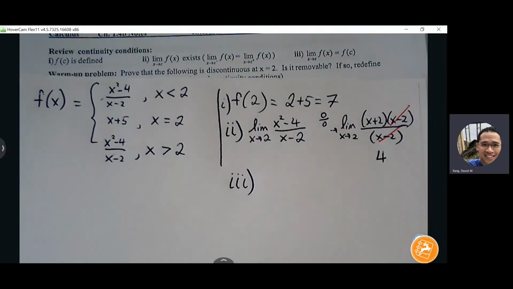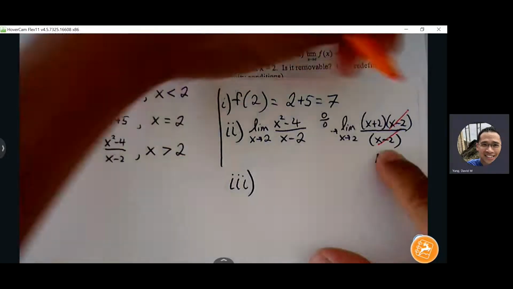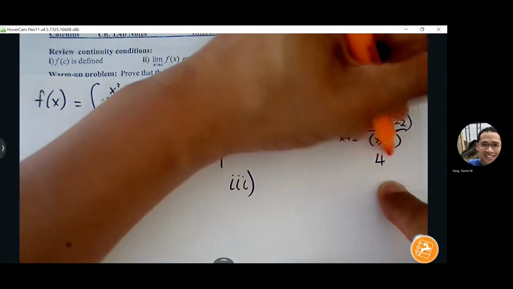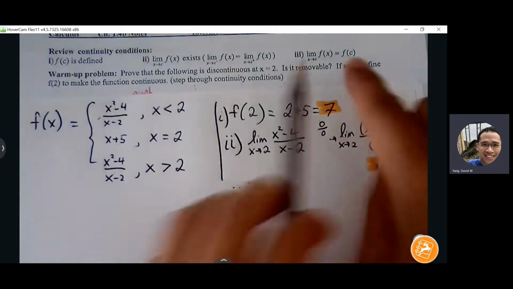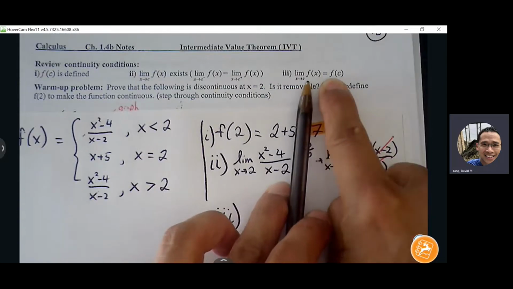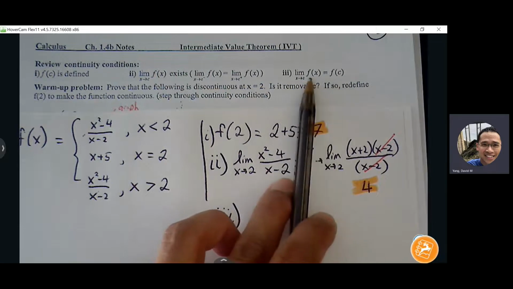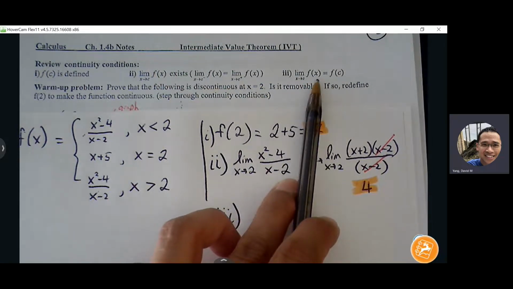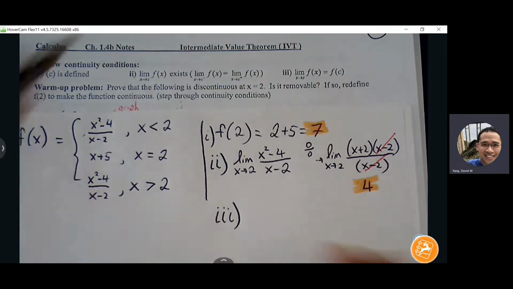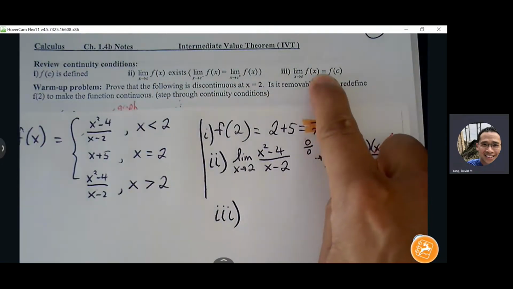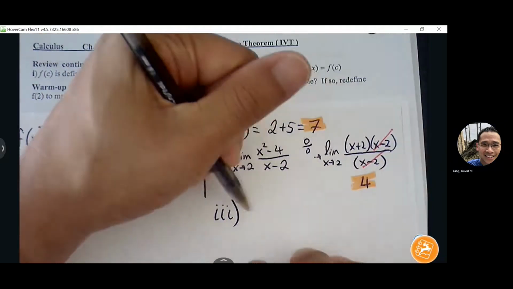Okay, now that we're in the third condition, we look back and what's your conclusion? Are the first 2 conditions in agreement? They're not, okay? So we're going to write it out that way. You're going to copy down your third condition, everything the same as you see here. The only thing you're going to replace is what? The C value. So you're going to copy down and instead of an equal sign, you'll just put doesn't equal.